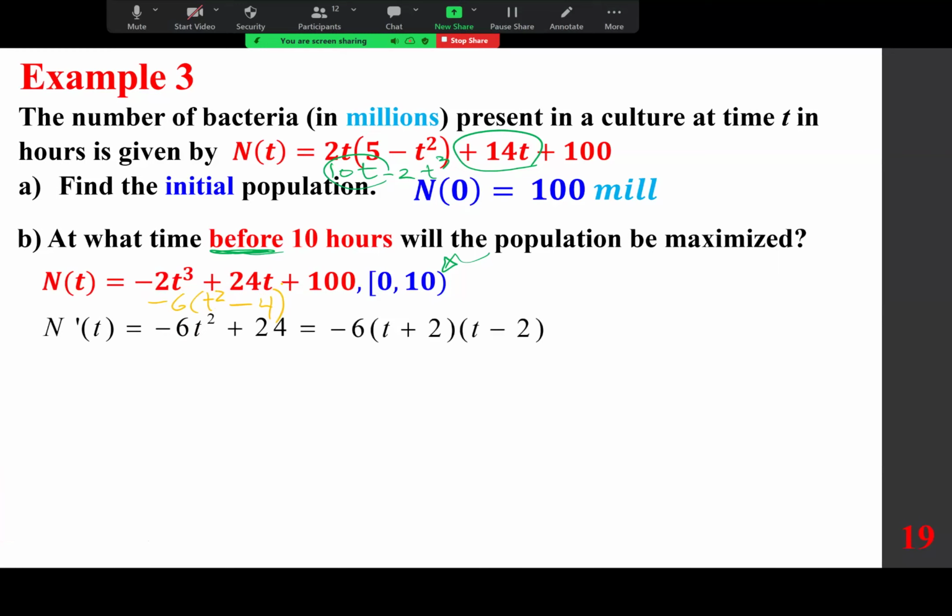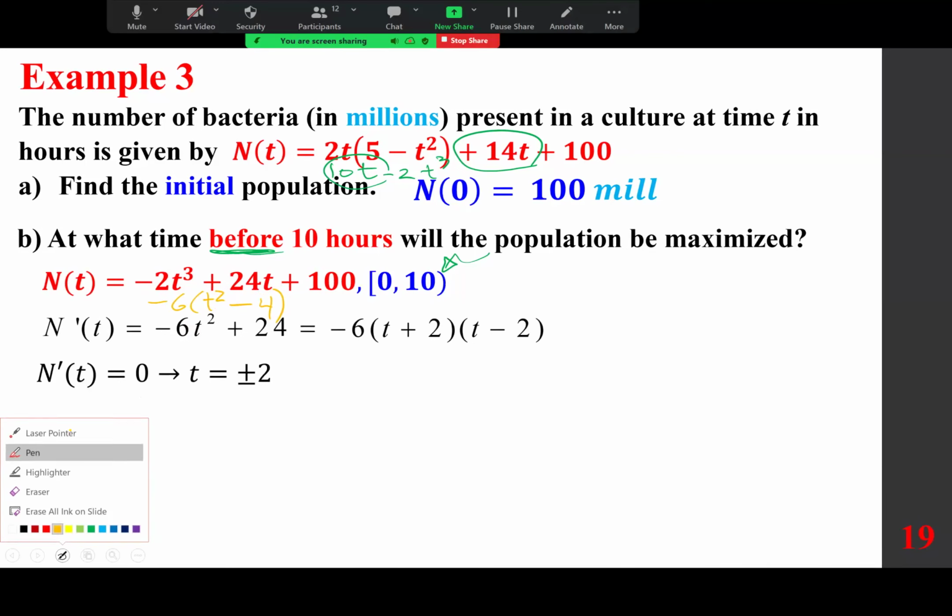When we set this equal to 0, we get two answers, positive and negative 2. Positive is in between, yes. Negative is in between, no. t is equal to 2 only. Again, if you want to go by the closed interval theorem, just plug in and that will do the job. But I want to show you the first as well as the second derivative test.